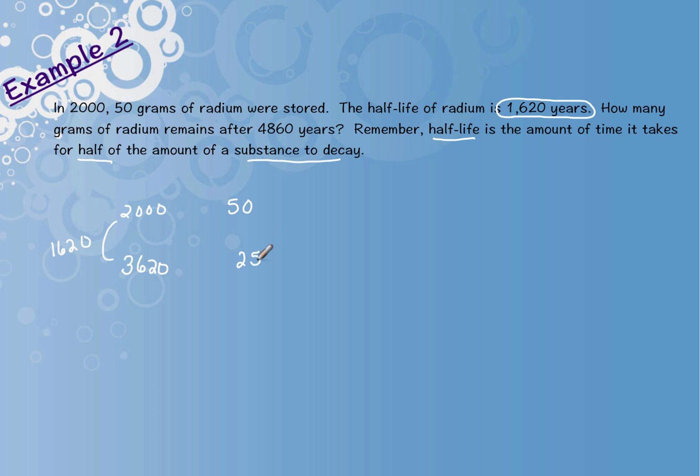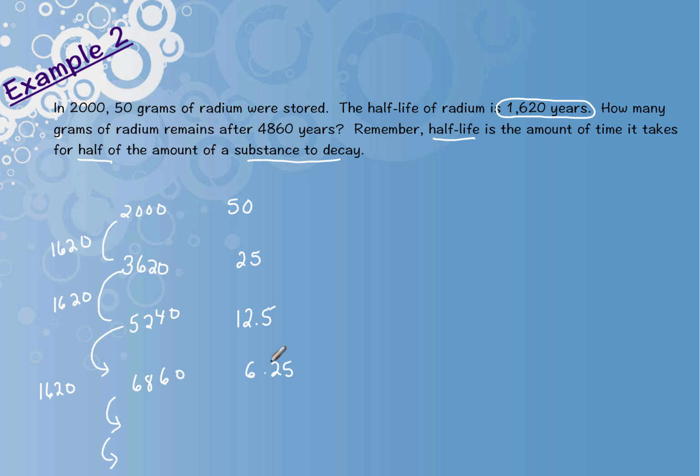Half of it would disappear, half of it would stay. If I go another 1,620 years, and I add that onto that, in the year 5,240, I'd still have half of that radium and half would disappear. And if I were to go another 1,620 years after that, you get the picture of what goes on. Let's see, that's 6,860. I'd have 6.25. And I could keep going and going.